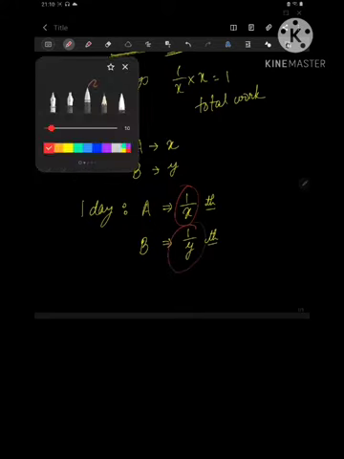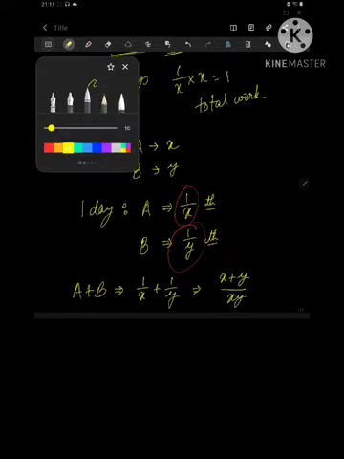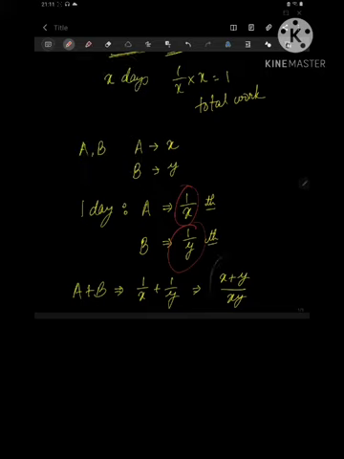If both of them now work together, then in one day A plus B together they will do 1 by X plus 1 by Y of the work. Okay, so that will be X plus Y by XY. So in one day, if both of them work, they will complete this much of the total work.